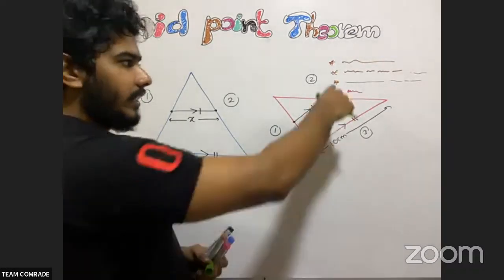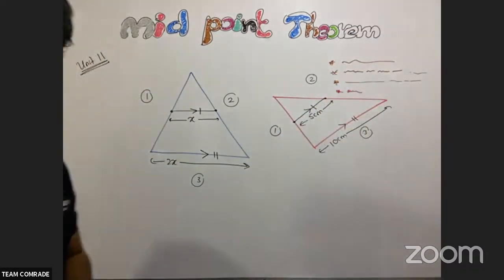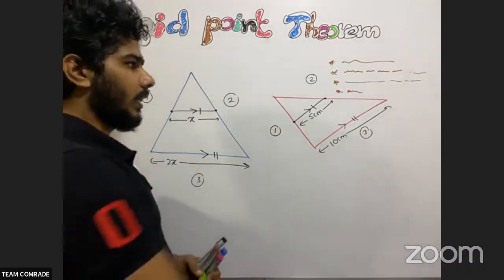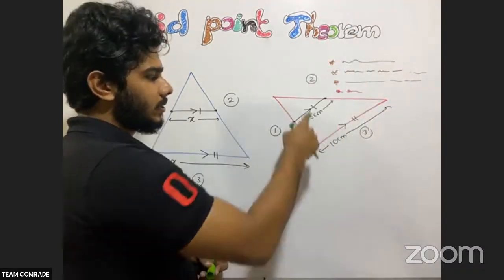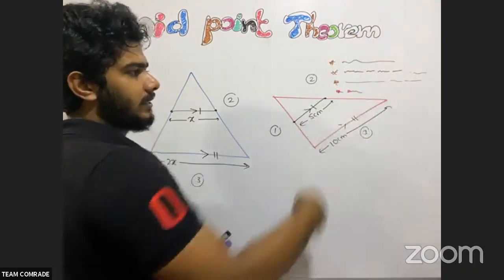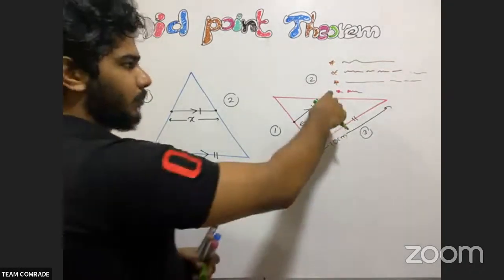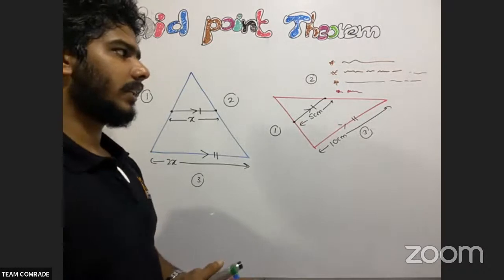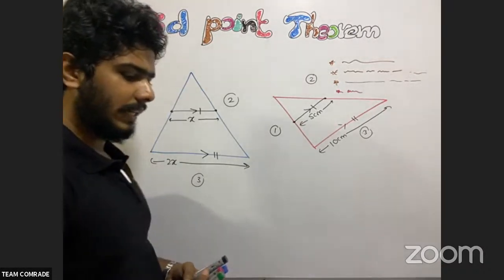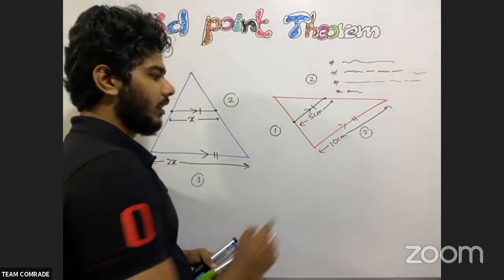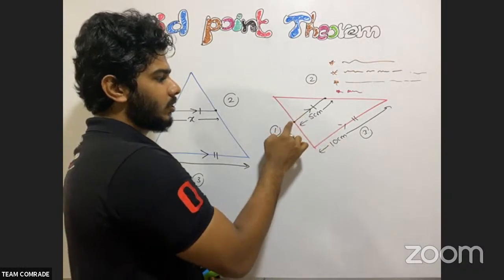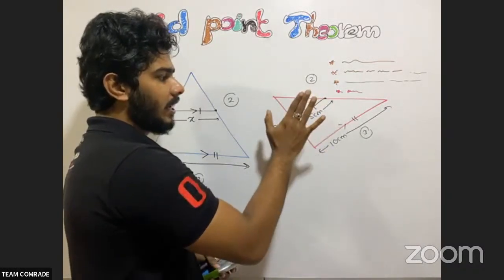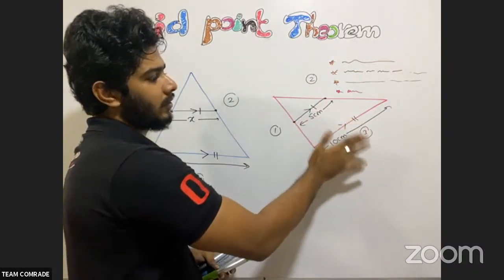Next line, is parallel to the third side. Fourth point, and equal in length to half of it, the third side. So this straight line segment is equal in length to half of the third side.